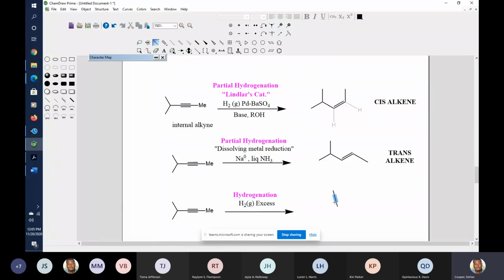Right? Let's do this then. So instead of having a triple to double bond, I'll go triple bond all the way to a single bond. I go to an alkane. Whenever I do a full hydrogenation, I will always generate an alkane. Anytime I do a partial, I will stop in between at a double bond.